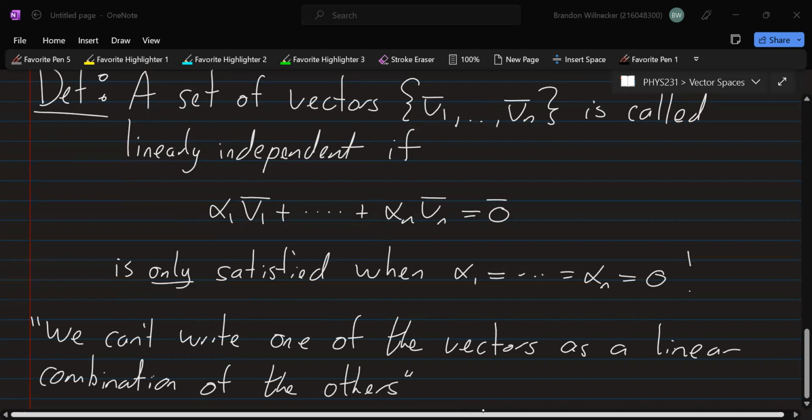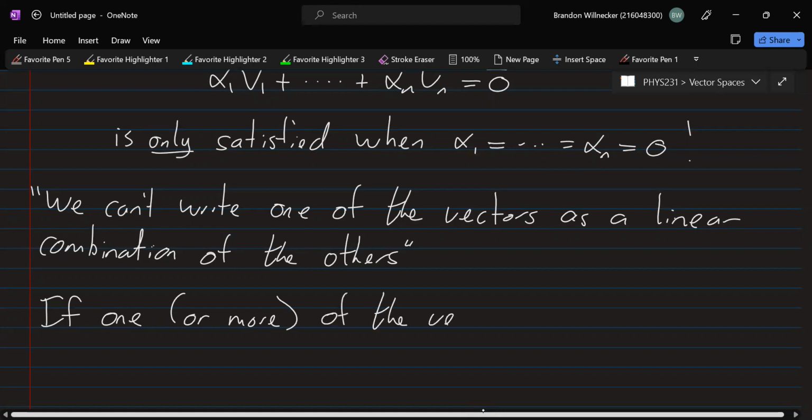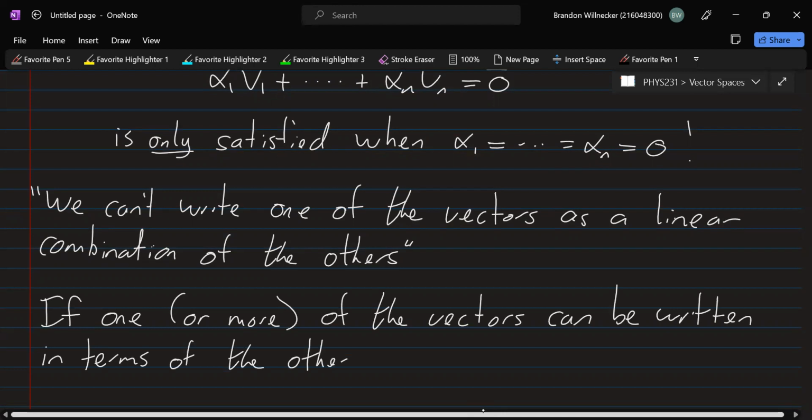So why is this important? Well, if one of the vectors can be written in terms of the others, then we don't really need it. We can throw it out. If one or more, but we're just going to be looking at one of them for now, of the vectors can be written in terms of the others, then it's not needed.